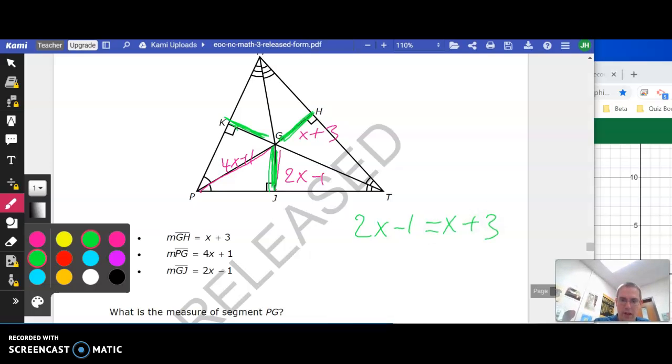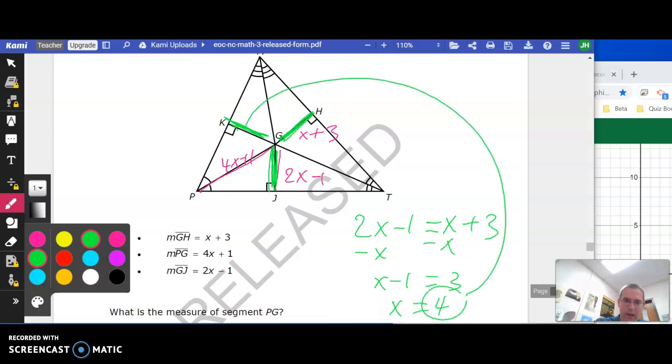I can solve for x by subtracting x from both sides. So x minus 1 is 3. Add 1, so I get x equals 4. Now that I know x is 4, I plug that in, and that's how I get PG. So 4 times 4 plus 1 should be 17, and that is how we get that answer.